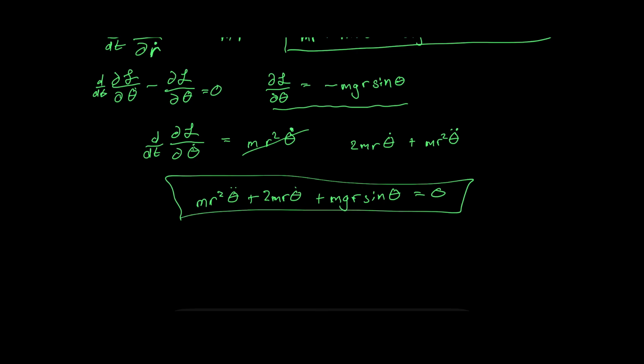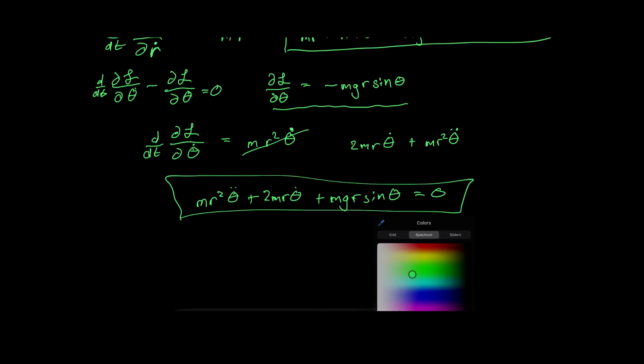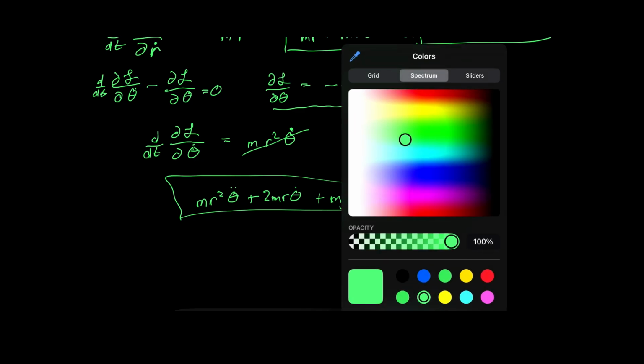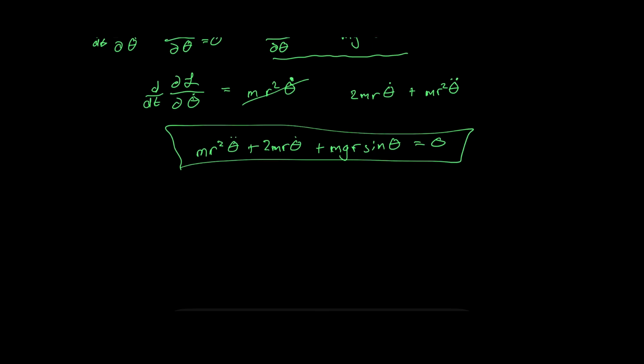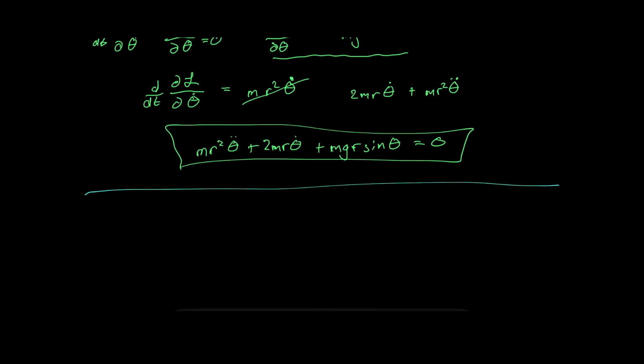Okay, so that's it for the first part. For the second part, what we need to do is some approximations. The approximations are specifically small angles. So that means sine of theta equals theta, and cosine of theta equals 1.